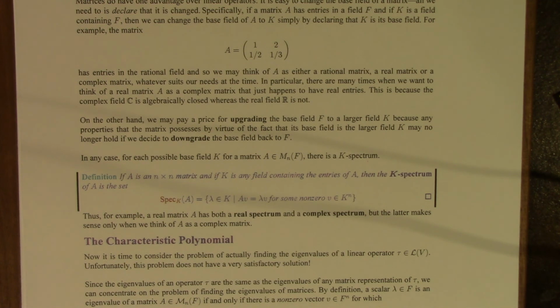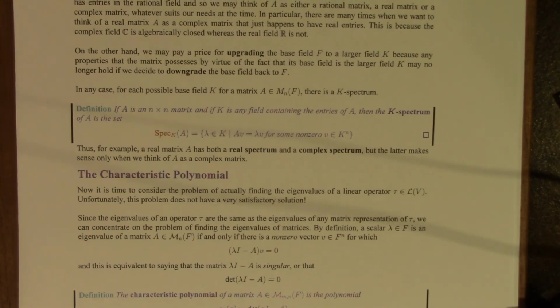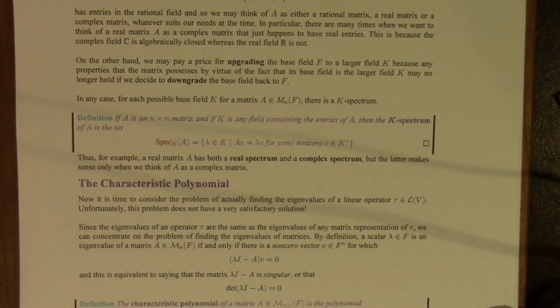For example, the existence of eigenvalues: just because a real matrix, when you think of it as a complex matrix, has eigenvalues as a complex matrix, doesn't mean it will have eigenvalues as a real matrix, and we'll discuss that more in appropriate time. So upgrading can provide very important information about the matrix that doesn't necessarily hold if you decide to downgrade back to the original base field.